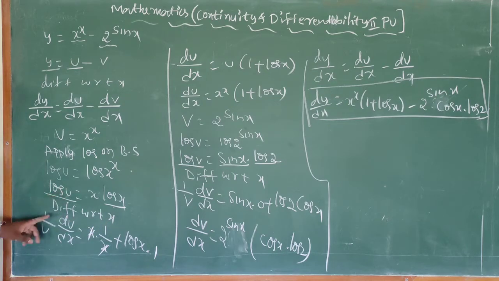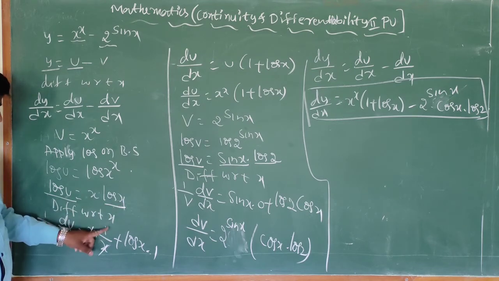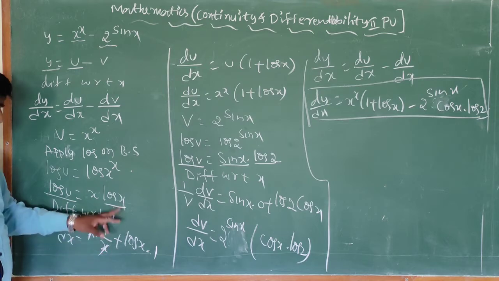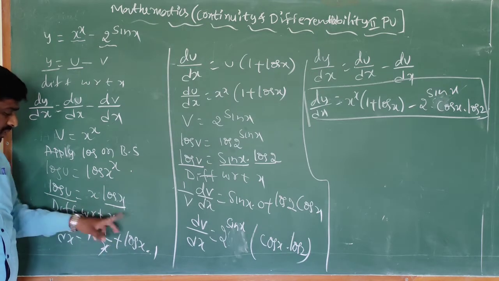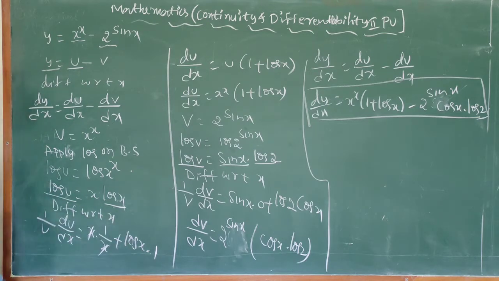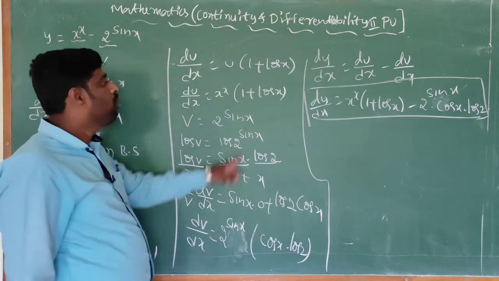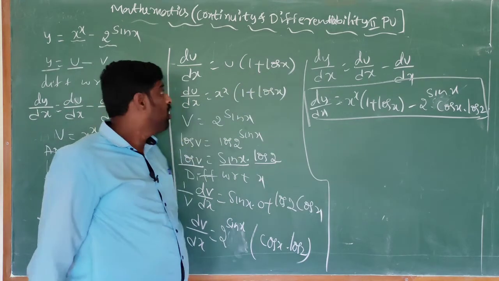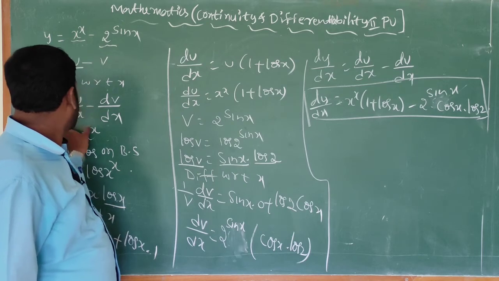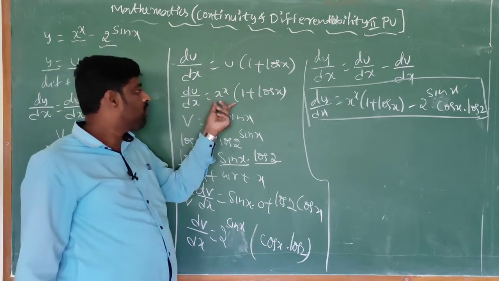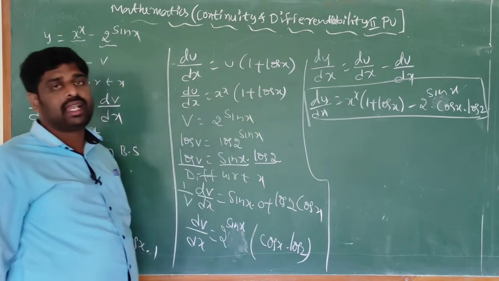Log u differentiation is 1 by u du by dx, equal to x as it is, log x differentiation is 1 by x, plus log x as it is, x differentiation is 1. So du by dx is equal to u into 1 plus log x. What is u? x to the power of x. So x to the power of x into 1 plus log x.